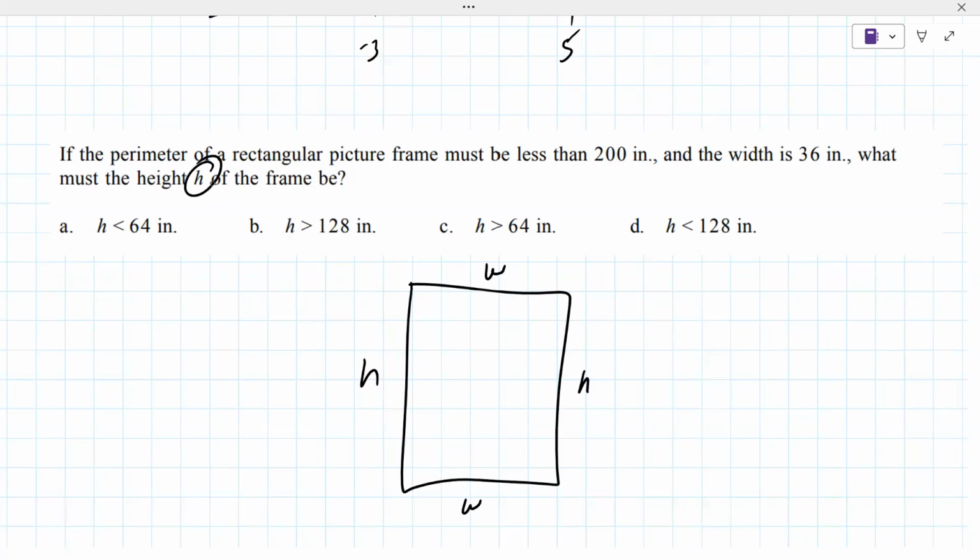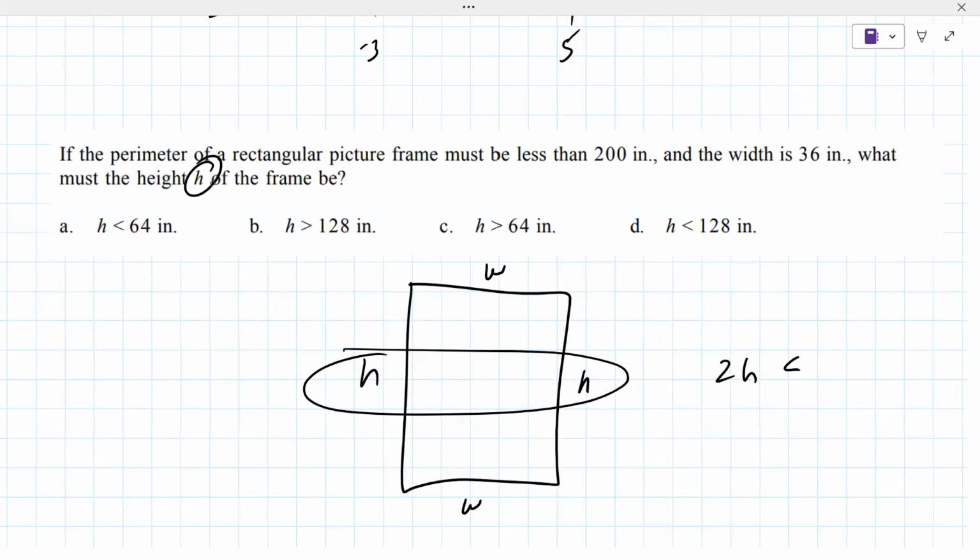So it'd actually be H plus 72 has to be less than, or wait, don't you have two of them though? Yes, it'd be 2H. And then 2H less than 128, over 2, over 2.